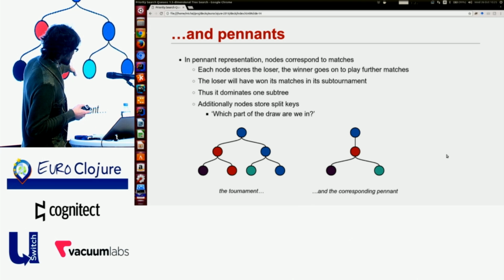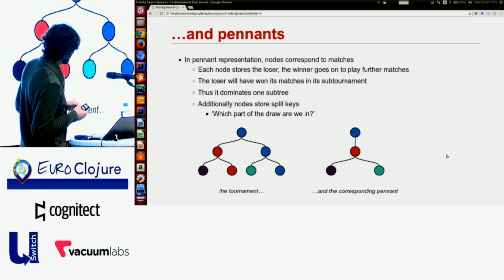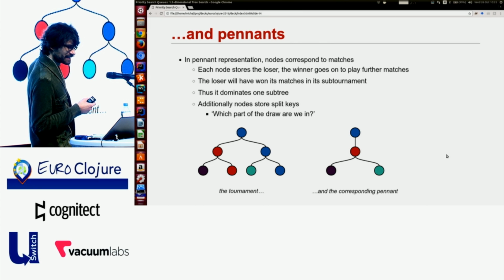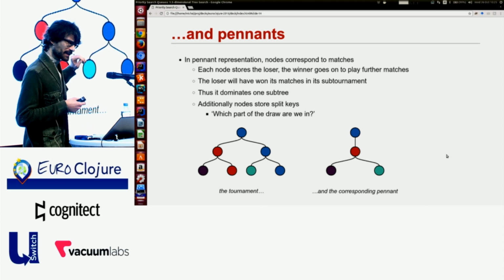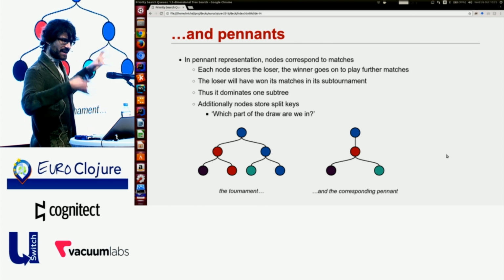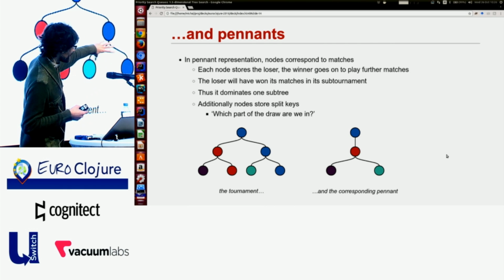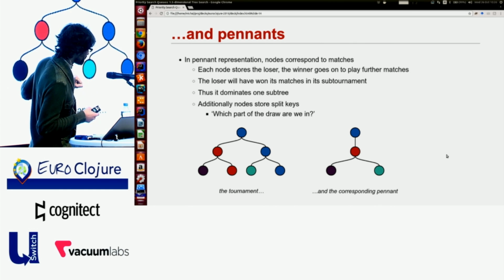The teal node lost its match against the blue node, so it occupies the rightmost position. Then from the left subtree, the red node emerged as the winner, right? But then it faced off against blue and lost, so it becomes a loser at that point, and we annotate the middle node, the top node of the triangular fragment, if you will, with the color red.